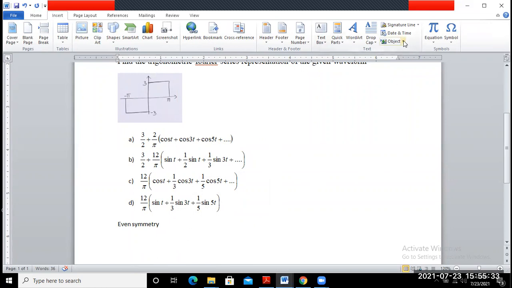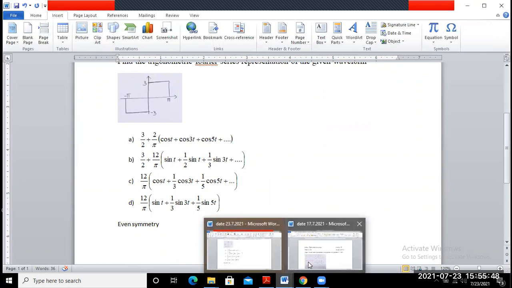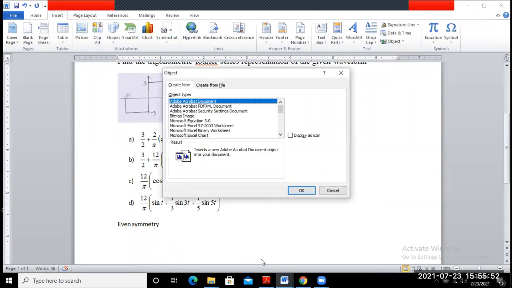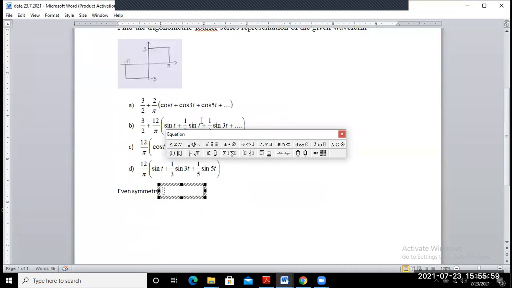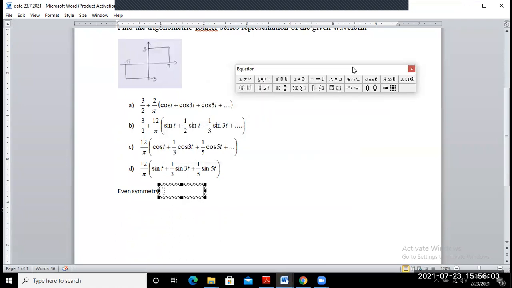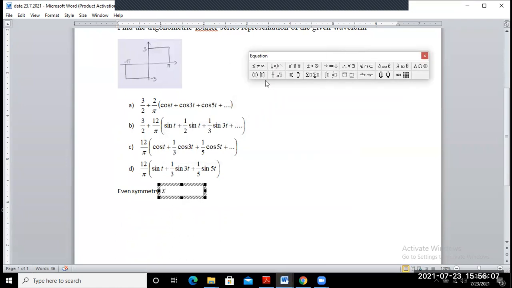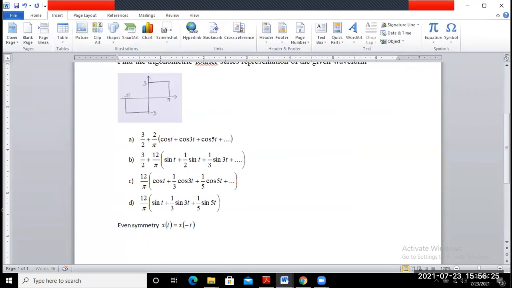The condition of even symmetry is x(t) equal to x(minus t). Okay, and what is the condition for odd symmetry?